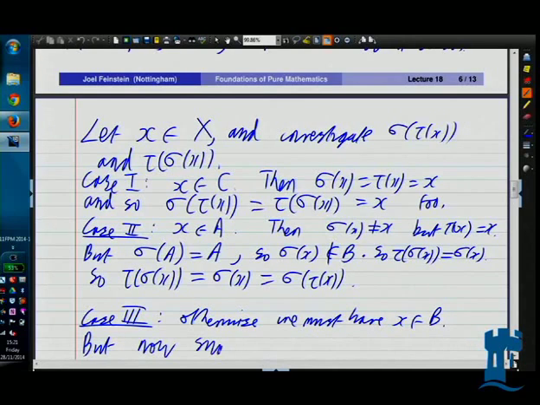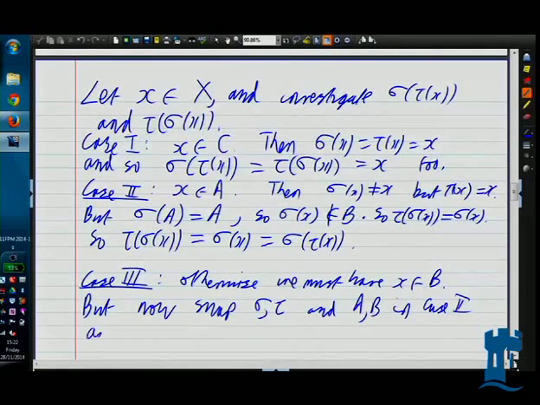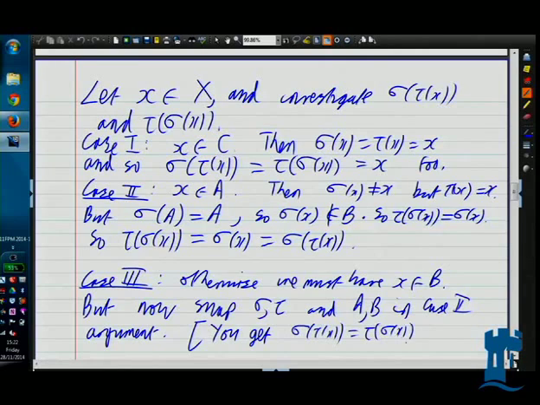Swap sigma and tau and A and B in the case 2 argument. I'll let you write it out in full for yourself. This time you get sigma of tau of x equals tau of sigma of x equals tau of x.